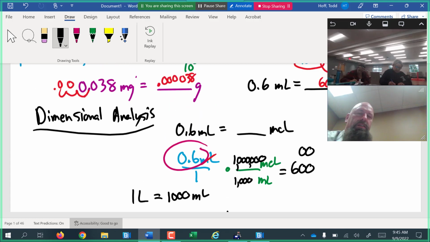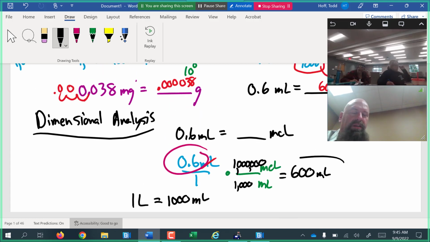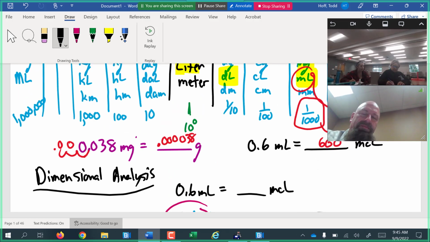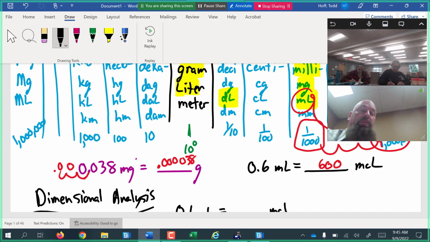So I regret screwing that one up on the dimensional analysis, because dimensional analysis is an incredible tool for everything else. The metric system is the one spot where dimensional analysis is confusing, because you do have to kind of think backwards like that. Are you guys good with doing conversions in the metric system, moving the decimal point? Okay.